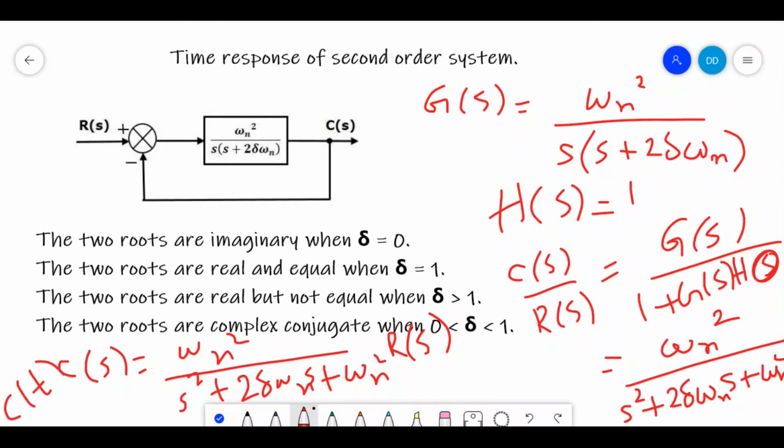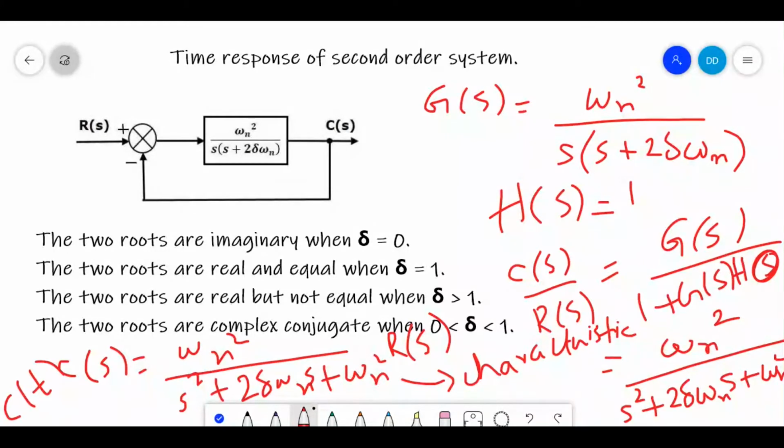Now the denominator s square plus 2 delta omega n s plus omega n square is called the characteristic equation.